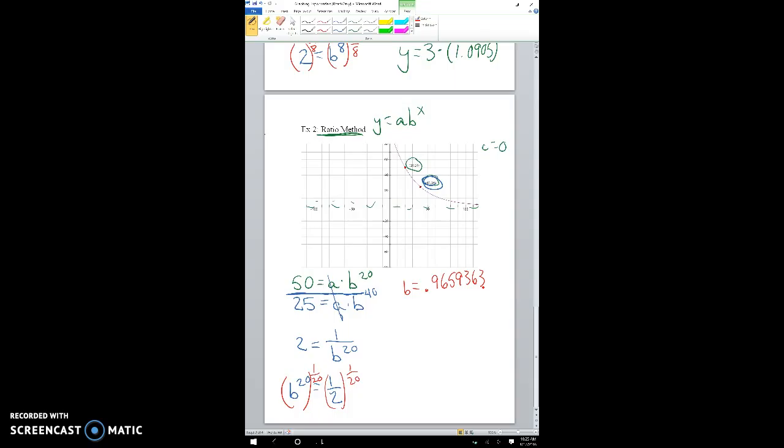You can choose either one of the 2 equations you started off with. I'll choose this one. 50 equals a, and so now I know what b is. And when we plug in for x, that was to the 20th. So I'm going to raise that number to the 20th.